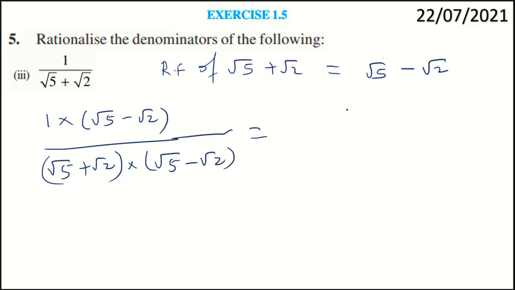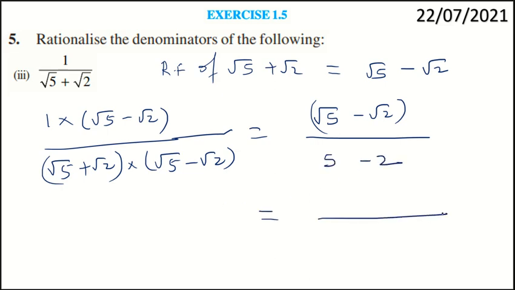So 1 into root 5 minus root 2 gives the same root 5 minus root 2, upon this product root 5 plus root 2 into root 5 minus root 2, which is 5 minus 2. So 5 minus 2 is 3, and 3 is the denominator. So root 5 minus root 2 upon 3 is the equivalent fraction with rationalized denominator of the given 1 by root 5 plus root 2.